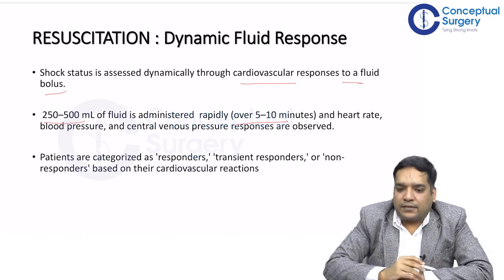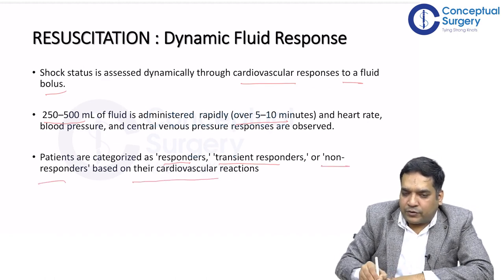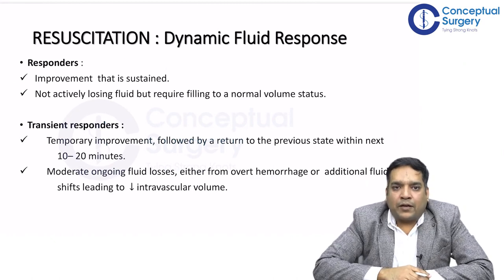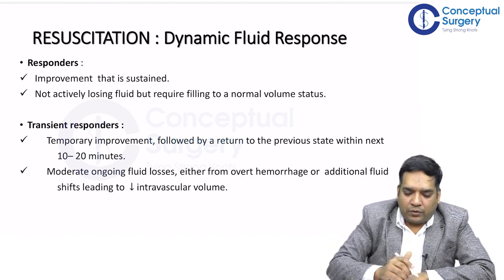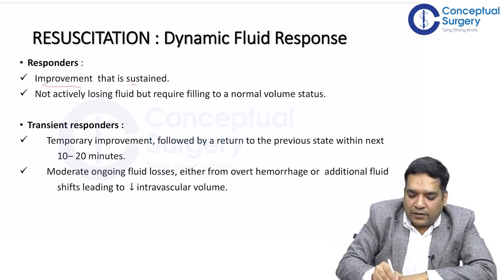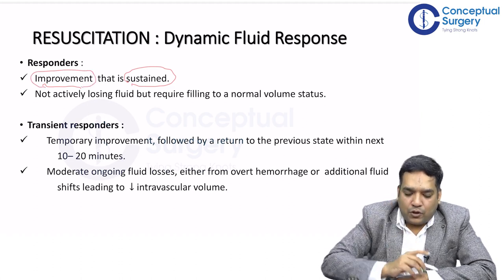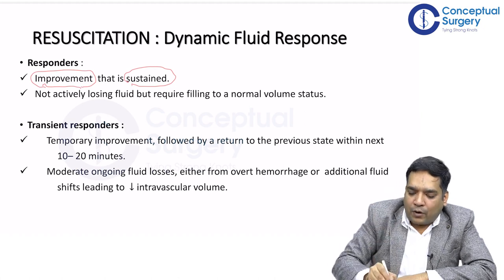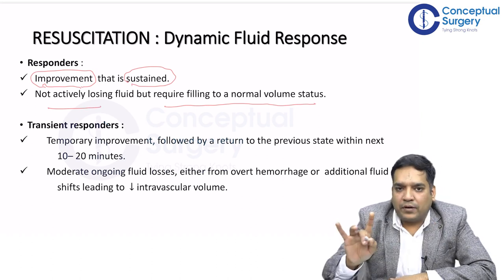Patients are characterized as responders, transient responders or non-responders based on their cardiovascular reaction. So what are the responders? Responders are those in which there is an immediate improvement in the CVS responses which is also sustained. So remember these two, improvement is there and it is sustained. These responders are not actively losing fluid but required filling to a normal volume status. So they are not losing fluid, right?